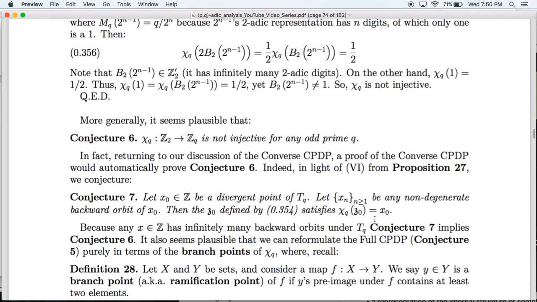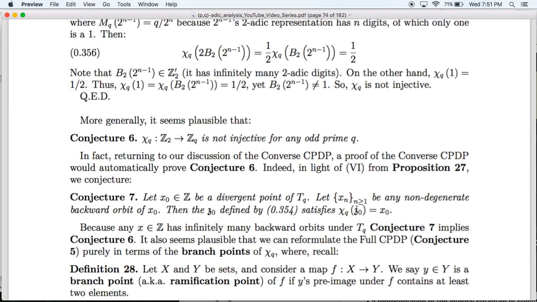And because any x in Z will have infinitely many backwards orbits under tq, and in particular it will have infinitely many non-degenerate backward orbits, in most cases, however, if x is a multiple of q, then that won't work. But it seems plausible that if we can prove this, then this implies conjecture 6, because it tells us that if it has infinitely many backwards orbits, we can choose infinitely many backwards orbits that are non-degenerate, and each of which will give us a z0.